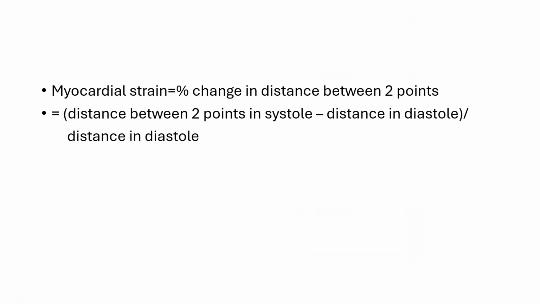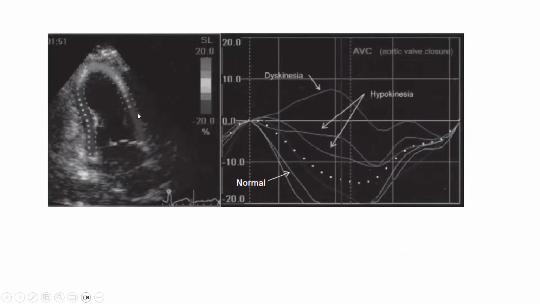It's the percent of change in distance between 2 points of the myocardium, between systole and diastole. So imagine 2 points in the myocardium, this point and that. Imagine their distance in diastole and imagine their distance in systole. This is longitudinal assessment, so in systole, that distance will shrink. Therefore, the distance between those 2 points in systole is less than that distance in diastole.